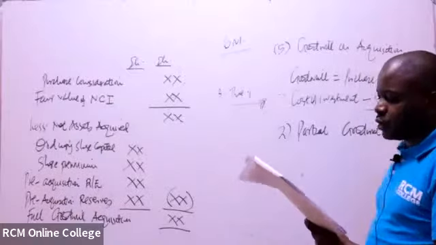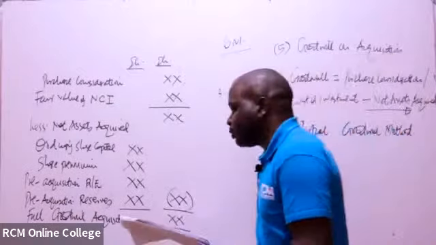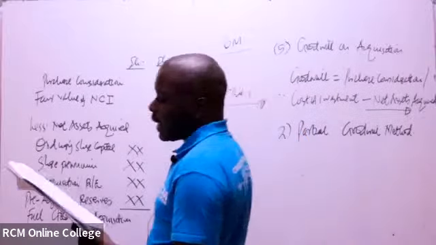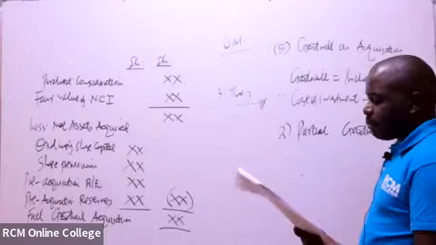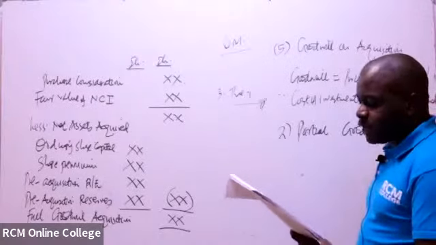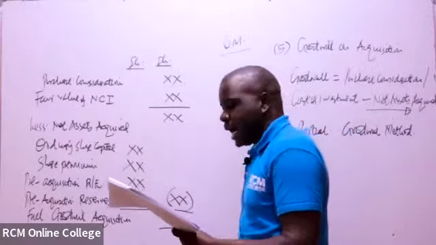The non-controlling interest, or the NCI. Now you need to get used to calling it just NCI. And the NCI is measured at their proportionate share of the fair value of the subsidiary net assets.